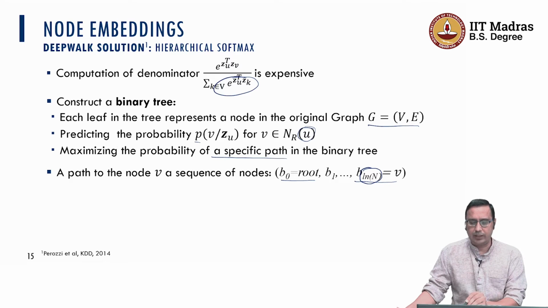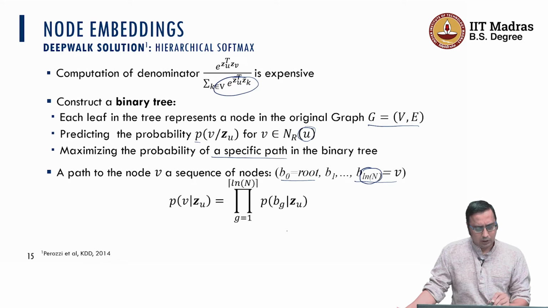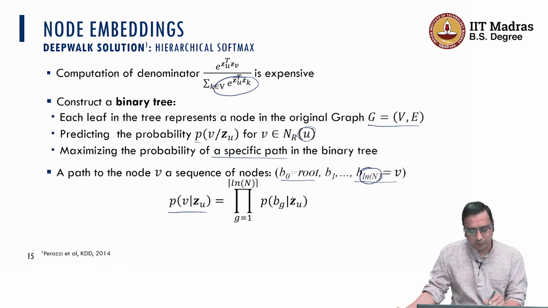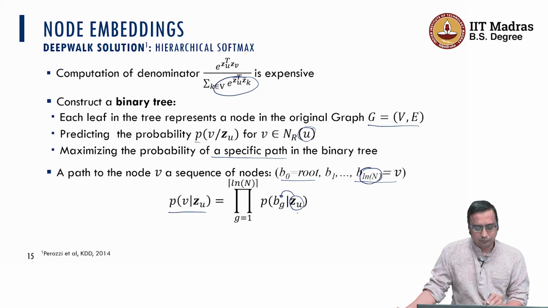So this is the final node, which is the node for which we want to find the probability given our embedding. Now, if we look at our original problem, under certain assumptions of independence, we can put it as a conditional probability, where I am conditioning each probability of going from ZU to a certain node in the binary tree, which is B_g.